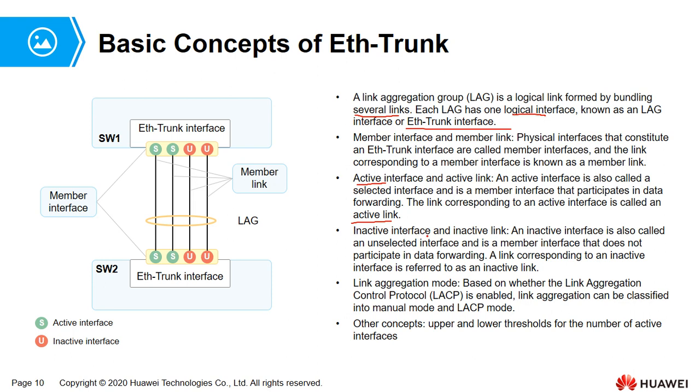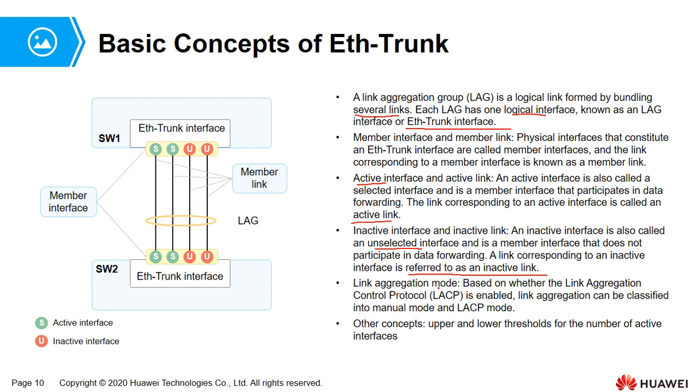Inactive interface and inactive link. An inactive interface is also called an unselected interface and is a member interface that doesn't participate in data forwarding. A link corresponding to an inactive interface is referred to as an inactive link.